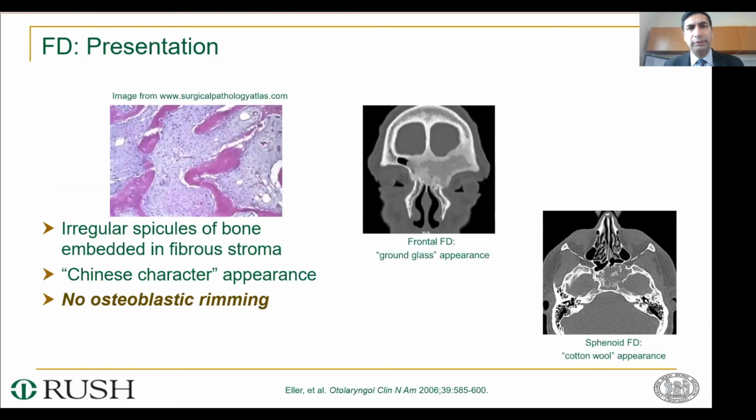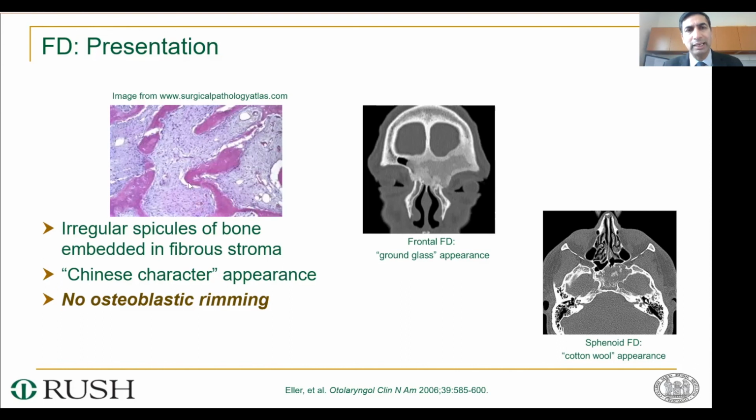So here you can see the fibrous dysplasia. You can see here these irregular spicules of bone, again, embedded in this fibrous stroma, and what's been called the Chinese character appearance. Now, what's different is that if you were to look at this relative to a true tumor, such as an ossifying fibroma, there is no osteoblastic rimming that's seen with fibrous dysplasia.